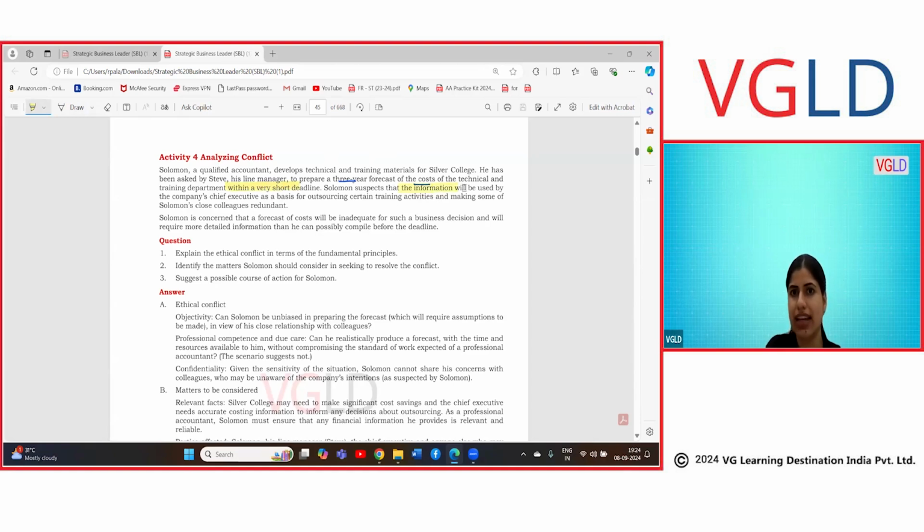Salman suspects that the information will be used by the company's chief executive as the basis of outsourcing certain training activities and making some of Salman's close colleagues redundant. Salman is concerned that a forecast of cost will be inadequate for such a business decision and will require more detailed information than he can possibly compile before the deadline.